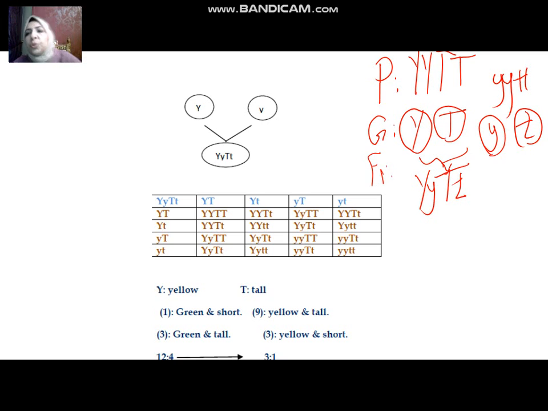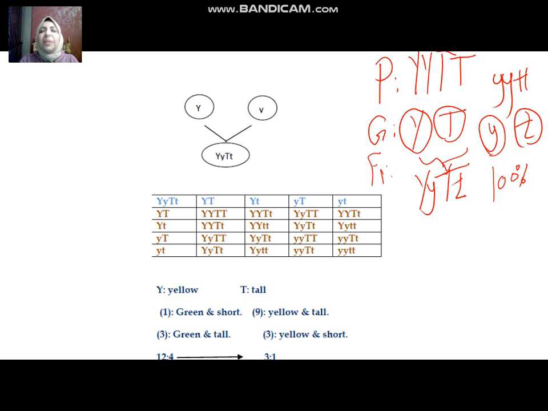Now we want to determine which trait will appear. Y capital, Y small, dominant or recessive trait? Yes, hybrid, dominant trait. And T capital, T small, hybrid, dominant trait. So all the first generation, by ratio 100%, will carry the two dominant traits, yellow seed and tall stem, like Mendel's first law.